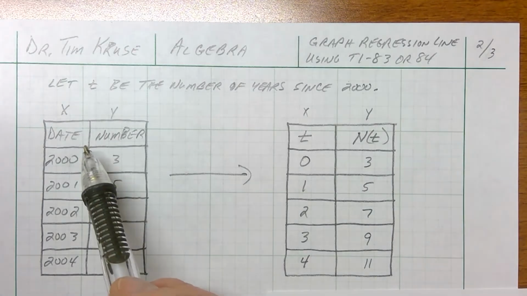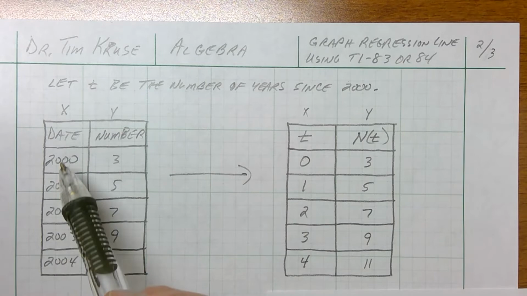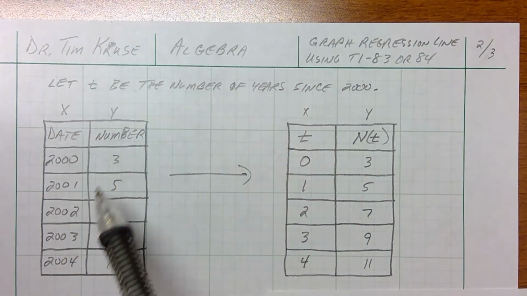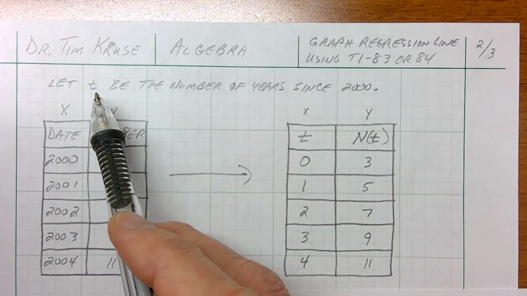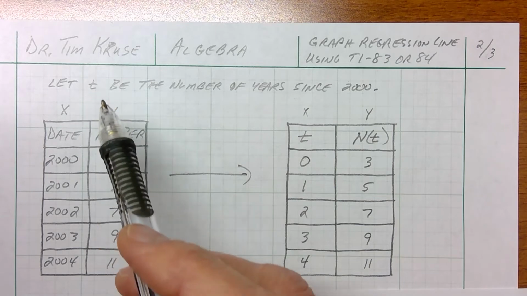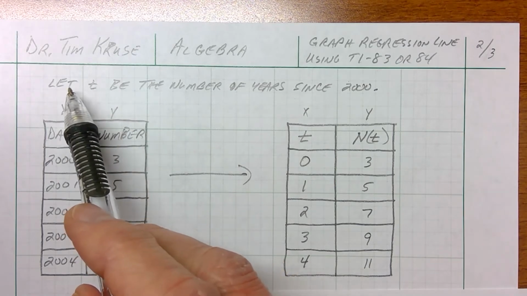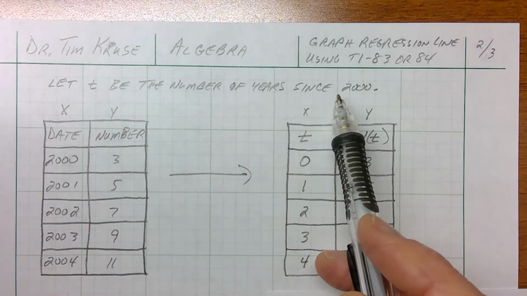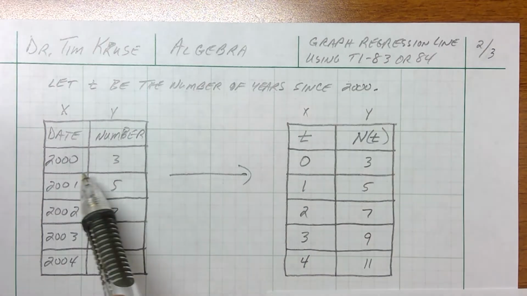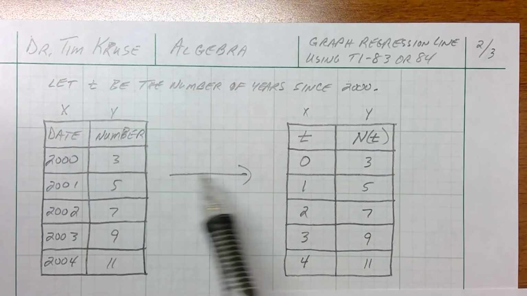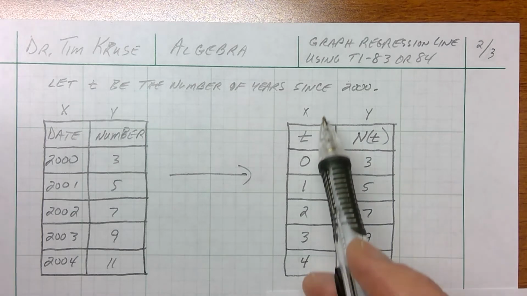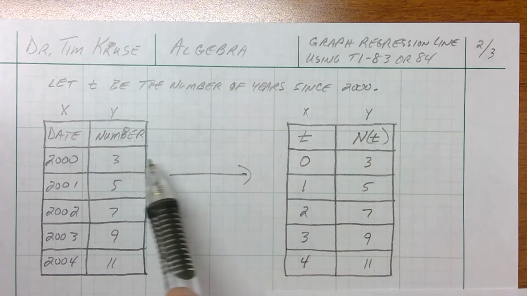Now remember, usually they don't want you to use the date for your X number. Usually they'll say something like let T be time, or maybe D for date, and let T be the number of years since that first year in the table. So if this is our first year, that's going to be year 0, because how many years have passed since 2000?